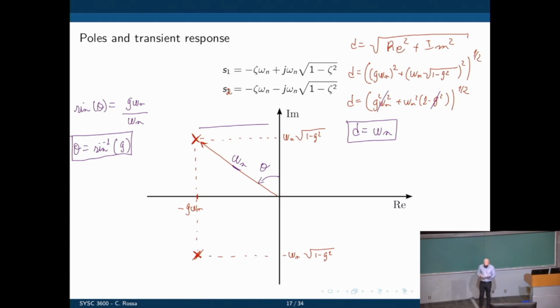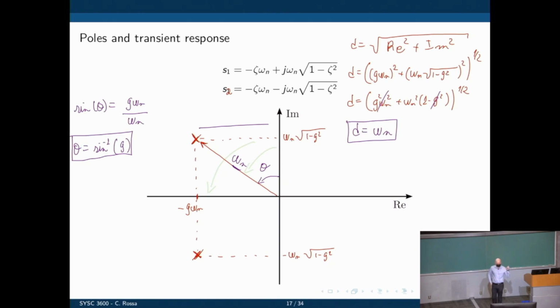So small values of theta mean small values of zeta. For larger values of zeta, the angle increases, and we tend to push the damping ratio towards 1, and that's where the pole is very close to the real axis. So the smaller the damping ratio, the smaller that angle, the closer we are to the imaginary axis, the more oscillations we are going to see in the time domain.